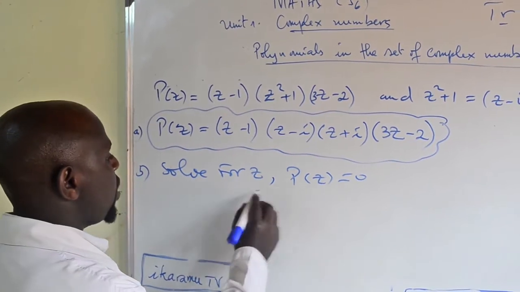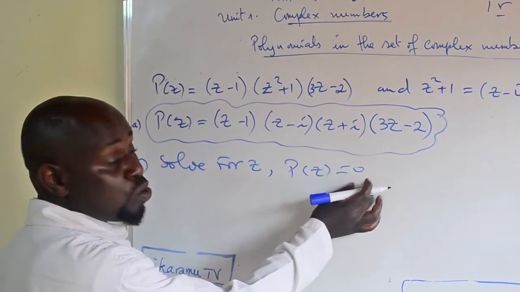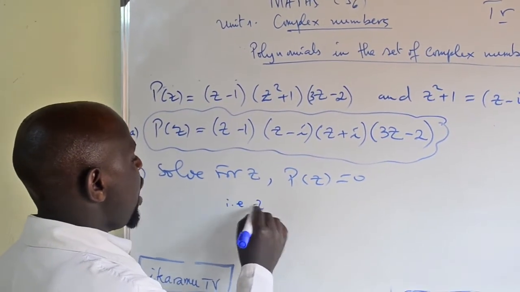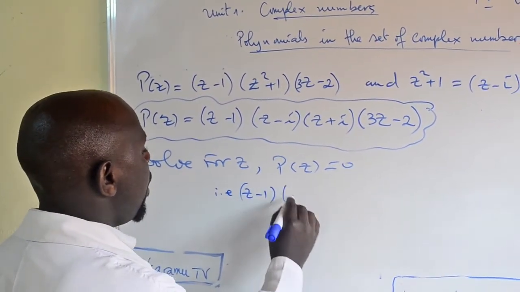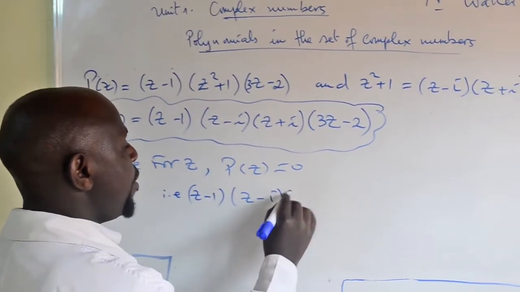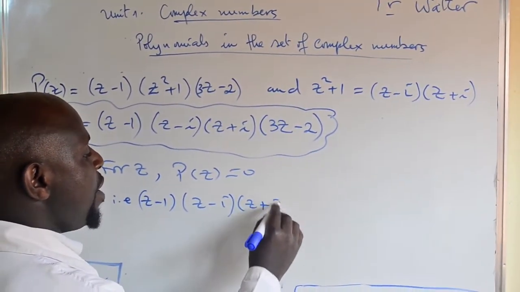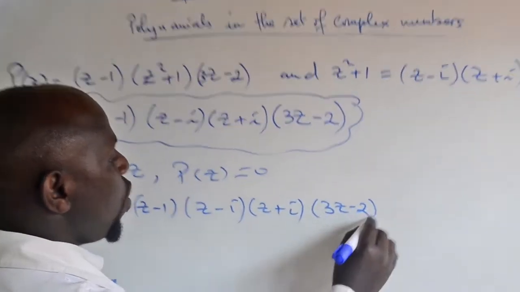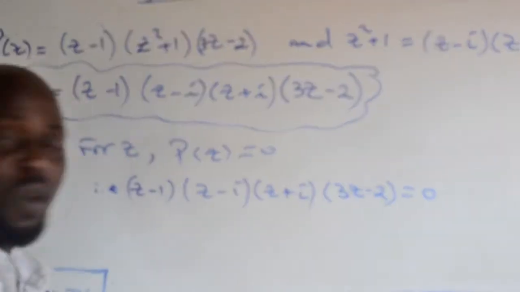We shall see now that if p of z equals 0, it means that finally z minus 1 factor z minus i factor z plus i factor 3z minus 2, this must be equal to 0.